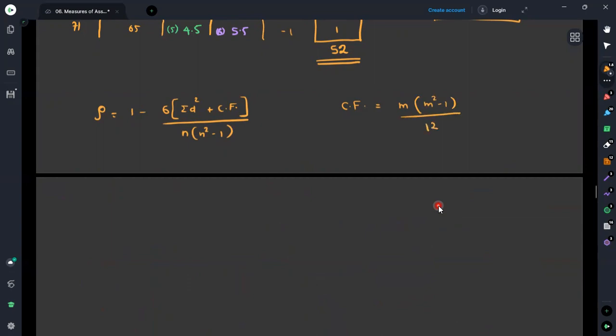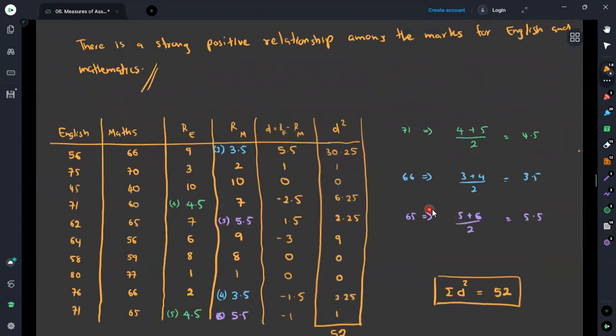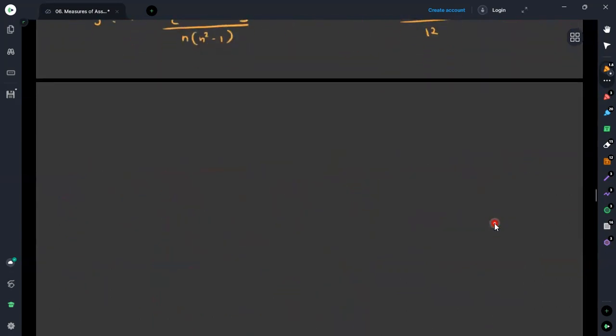Now we need to have the three correction factors separately, because 71 was repeated 2 times, 66 repeated 2 times, and 65 repeated 2 times. Therefore, we need to compute the correction factors separately. Correction factor for 71.